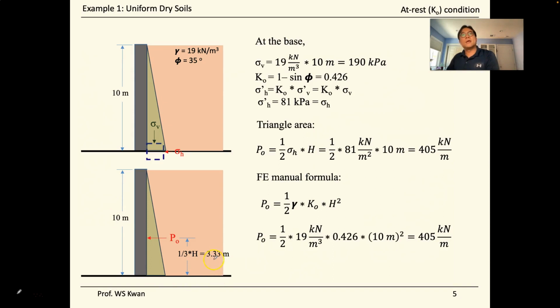From the base, 3.33 meters is the location of the resultant force acting on this retaining wall. Given that we know the unit weights and the friction angles of the soil, we are able to calculate the resultant force. In this case it is 405 kilonewton per meter, and also the location where this force acts.